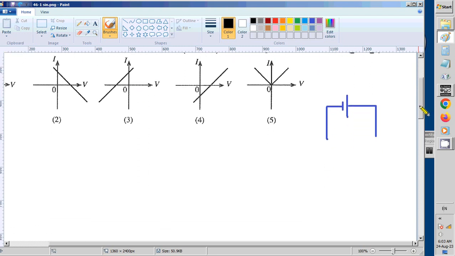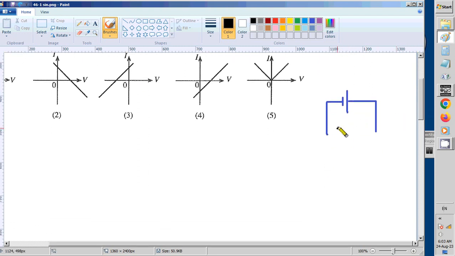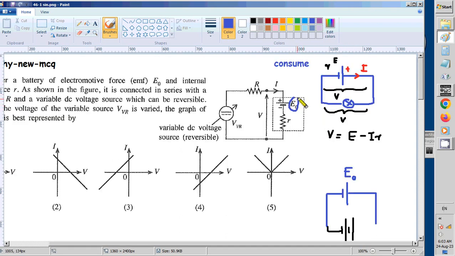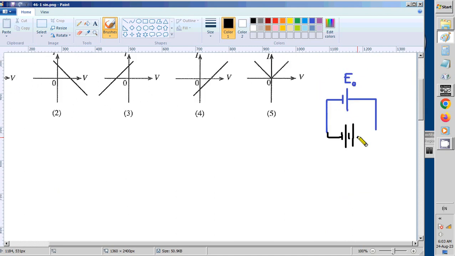Then if we use the battery to charge it, we have to use another battery whose EMF is greater than this one, say this E naught, as they given in the question.